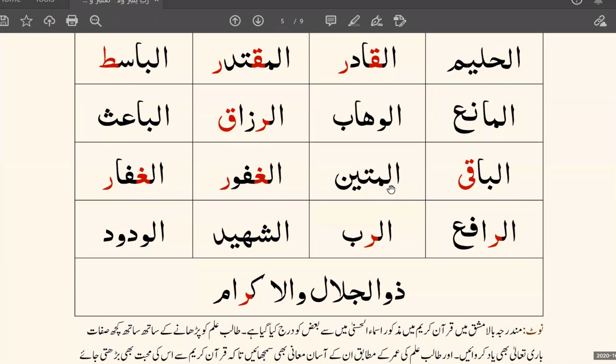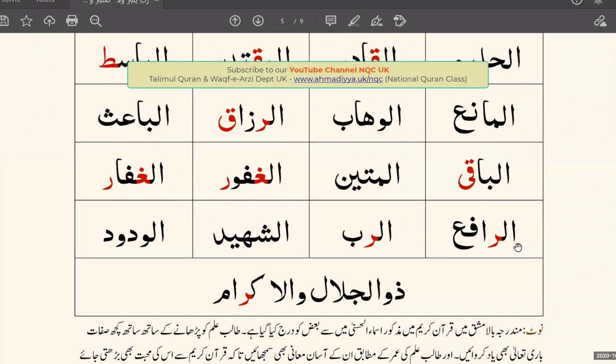Alif, Lam, Mim, Ta, Ya, Nun, Alif, Lam, Ghain, Fa, Waw, Ra, Alif, Lam, Ghain, Fa, Alif, Ra. Your recitation can get even better if you do it a little bit slow and a little bit longer.